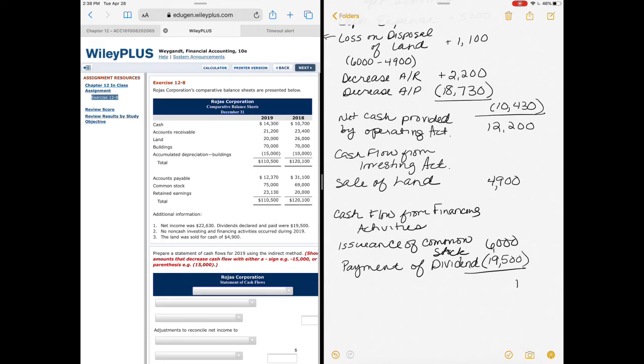I'll total that up to get to 13,500 decrease. So since this is a decrease, I'm going to label this net cash used by financing activities.